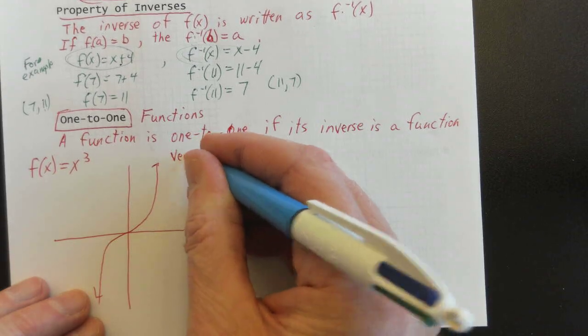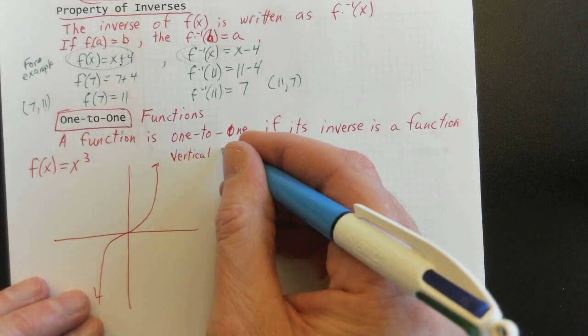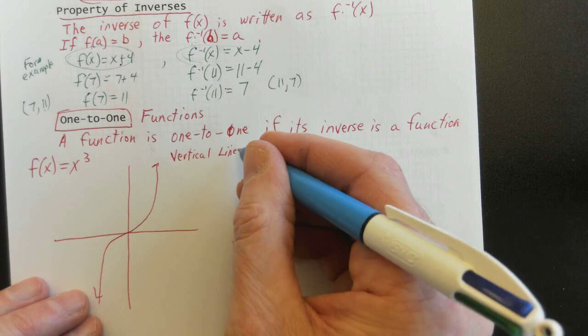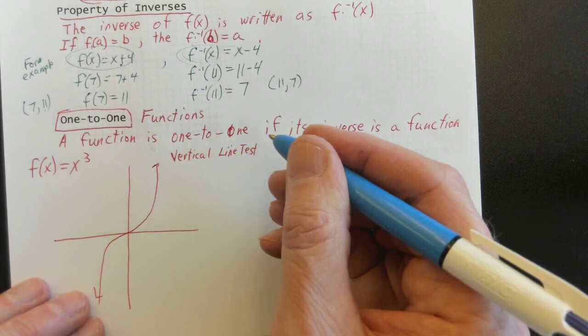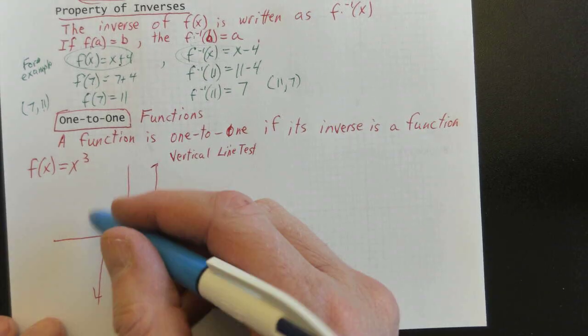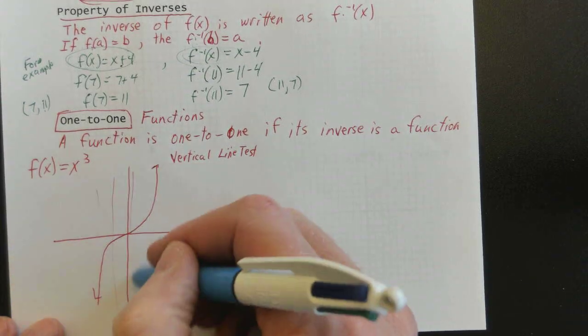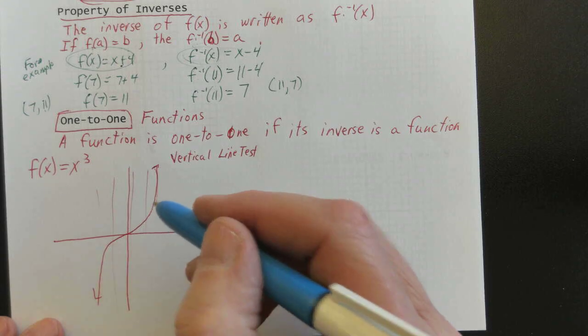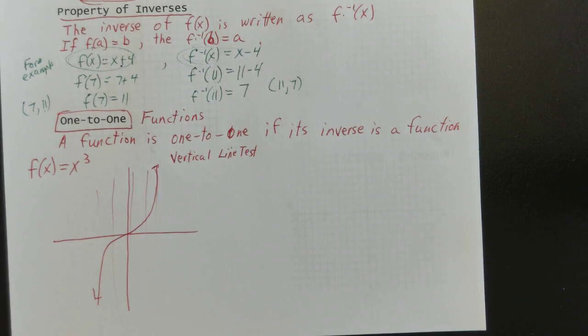Do you remember the vertical line test when you were testing for functions? What does it say, Jack? If you have one vertical line, what will the vertical line or any vertical line do?